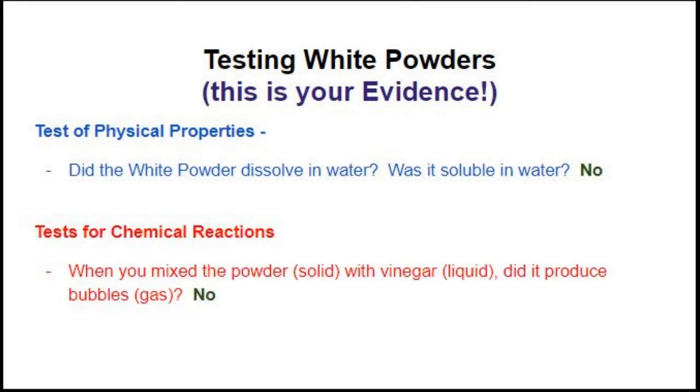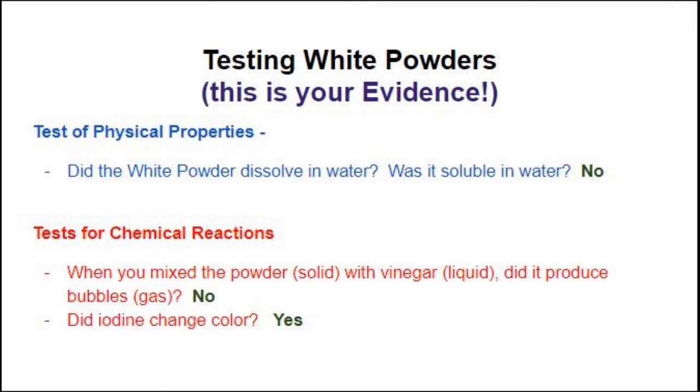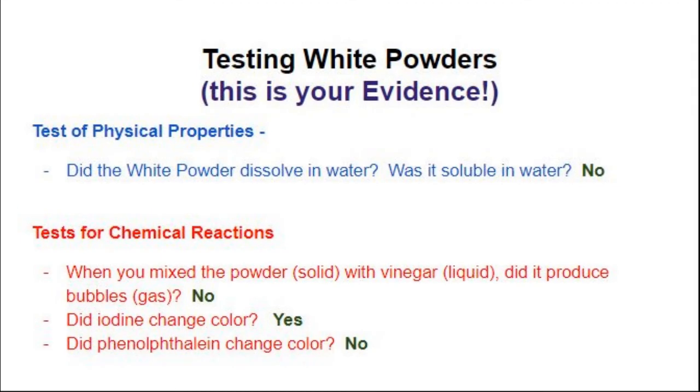Then I did some tests for chemical reactions. When I mixed the powder with vinegar, did it produce bubbles? No. When I added vinegar, nothing happened. So no reaction. Did the iodine change color? Yes, the iodine did change from yellow to dark, dark blue. Did the phenolphthalein change color?